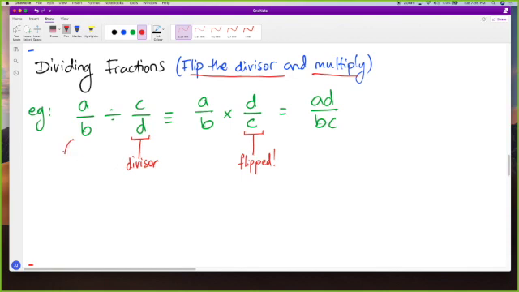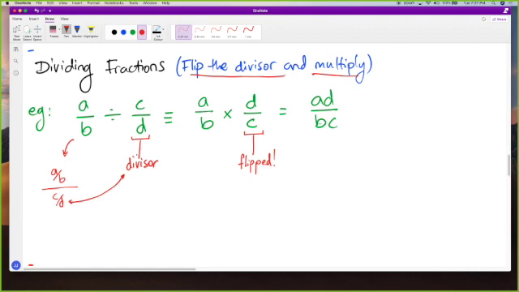If you want to write this as a fraction, you have A over B divided by C over D. It could look like this as well, but the divisor is the one underneath.